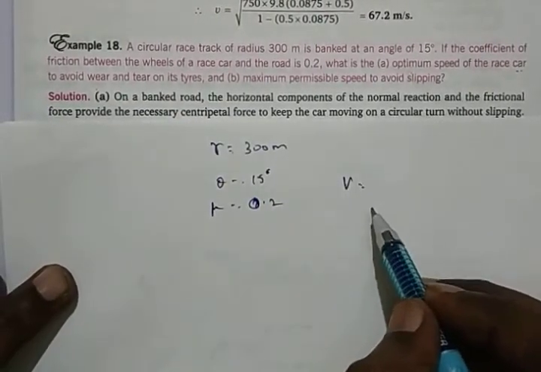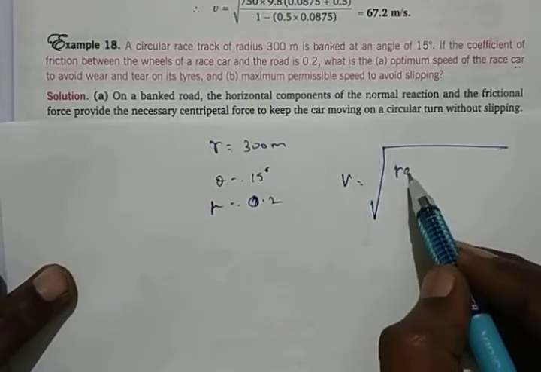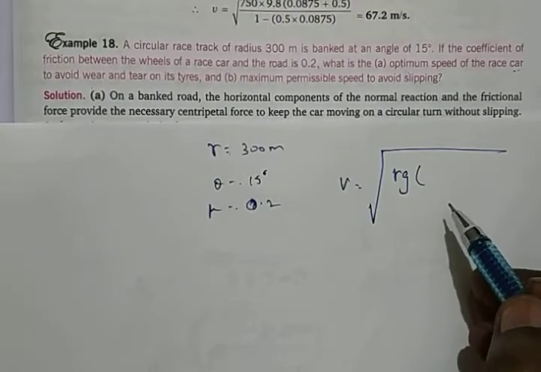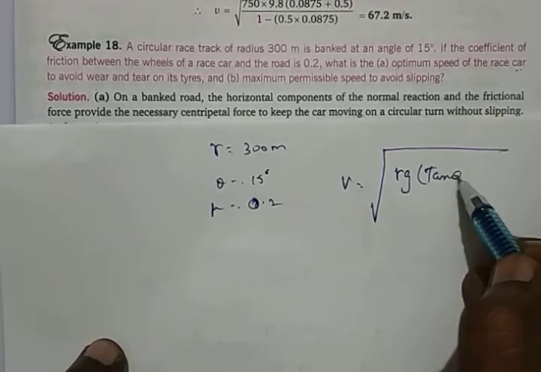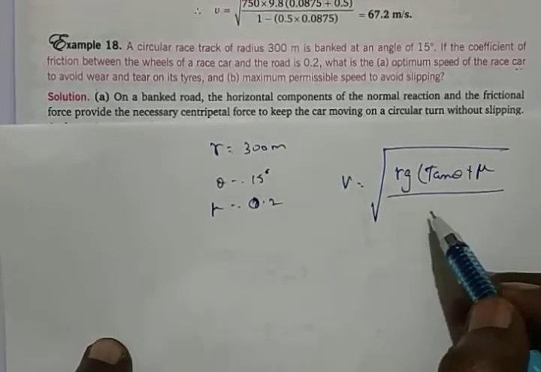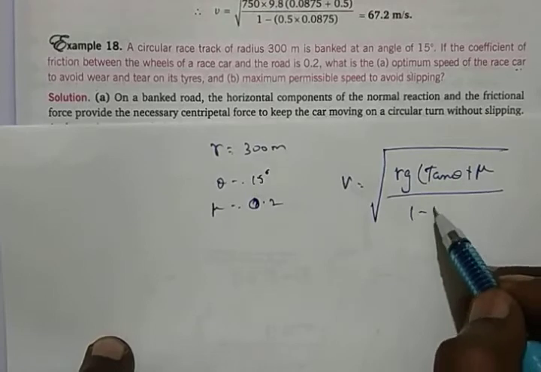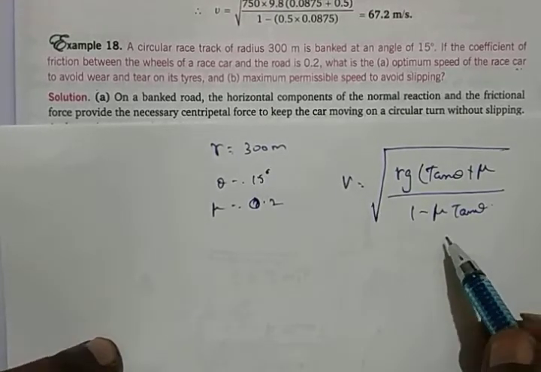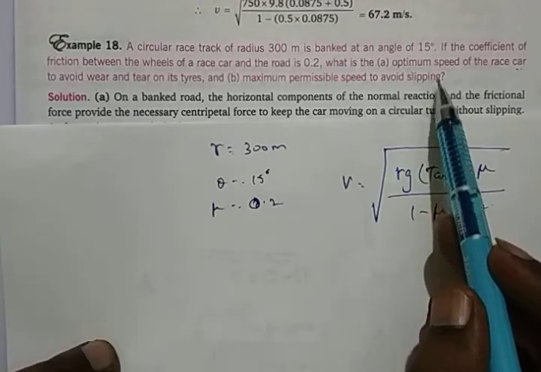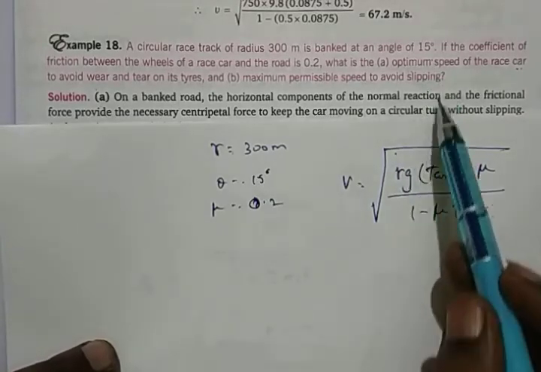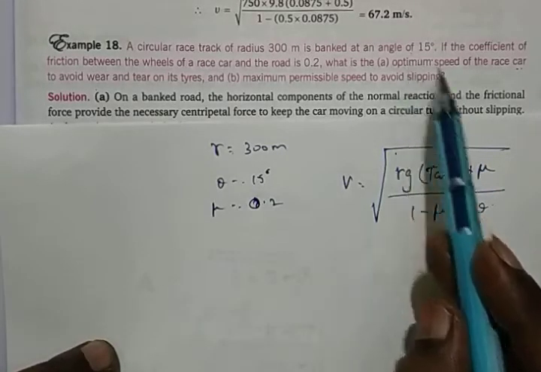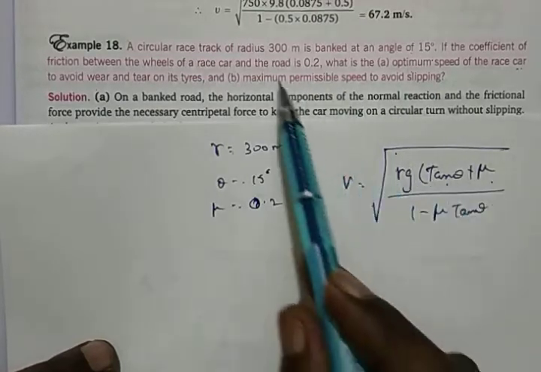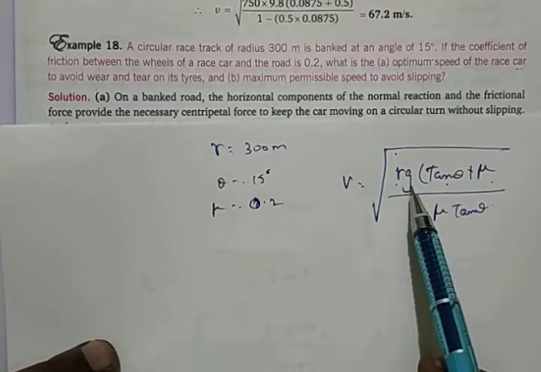So v, the maximum velocity, again can you write the same formula here? You should be able to write it now without seeing the book. It is tan theta plus mu upon, what will be the denominator? 1 minus mu tan theta. Okay. Now the first part of the question, will it fit in this one? Angle of banking is there, tan theta is there, mu is given here, radius is already given here, g is already there.